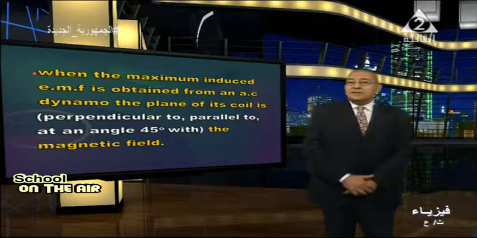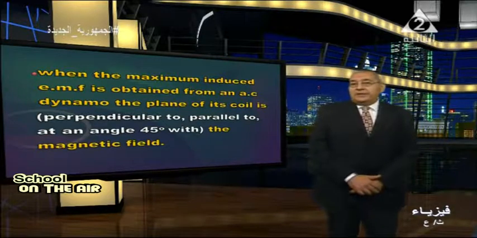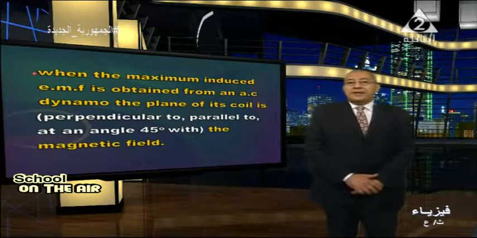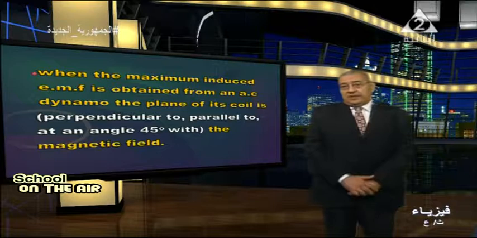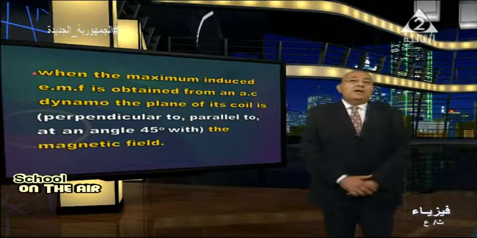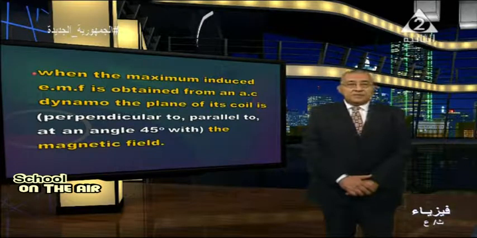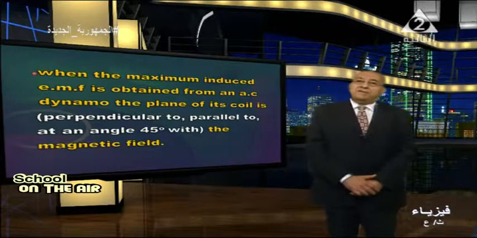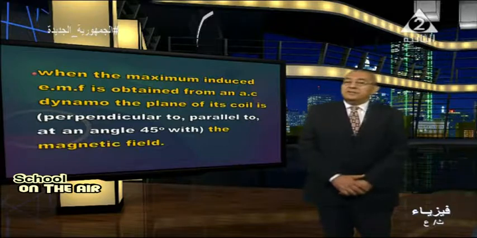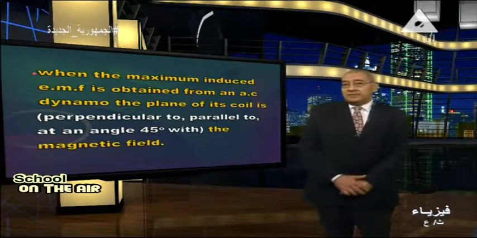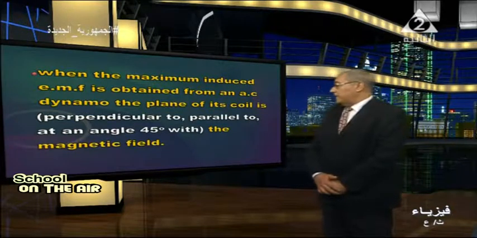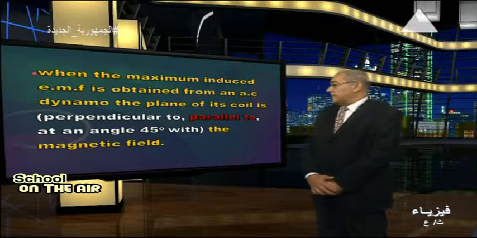In the horizontal position, the magnetic field is parallel to the plane of the coil and EMF is maximum. When the angle between the plane and magnetic field is 45, we've got the effective value. So the right answer is parallel to.